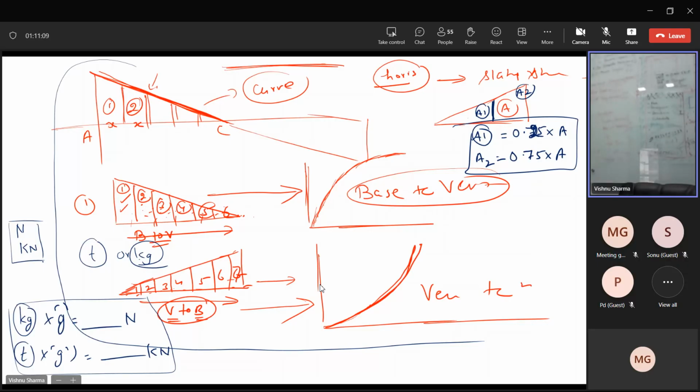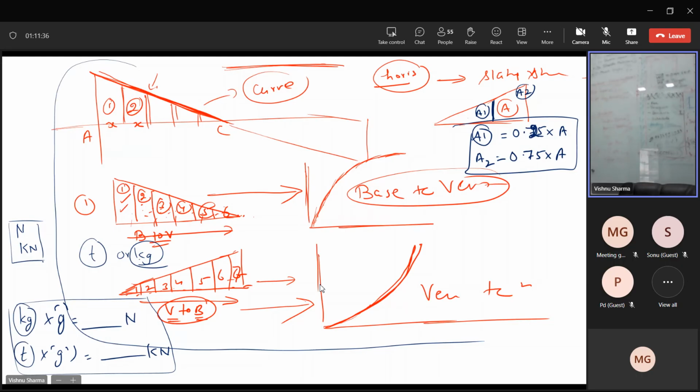If the values in tons and kilograms are given in decimal places, see if by multiplying by acceleration due to gravity 9.81, it is rounding off to something better. If it is rounding off to a better value, then you can convert them into Newton or kilonewton as the case may be, and then solve the question in Newton and kilonewton.